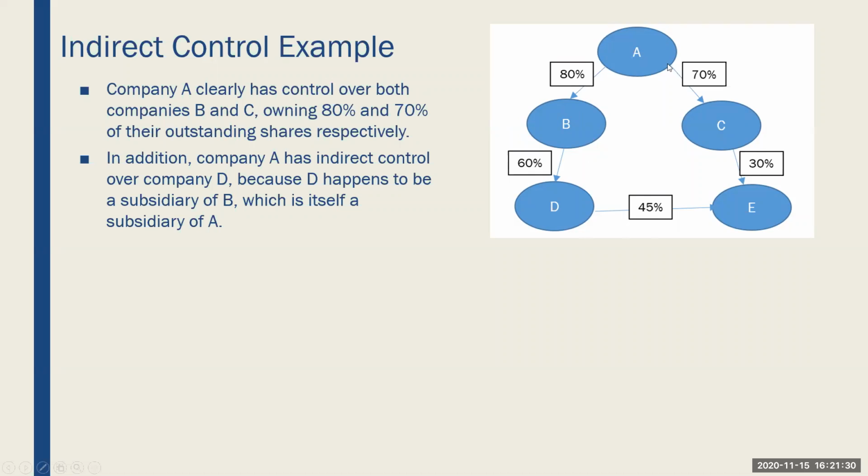So indirectly, without owning a single share of E, company A is able to control 75% of the voting shares of company E. That gives company A indirect control over company E as well.